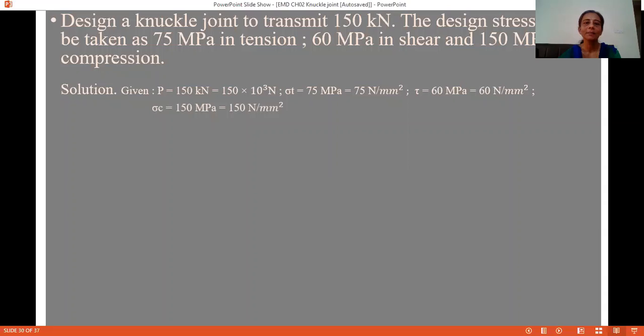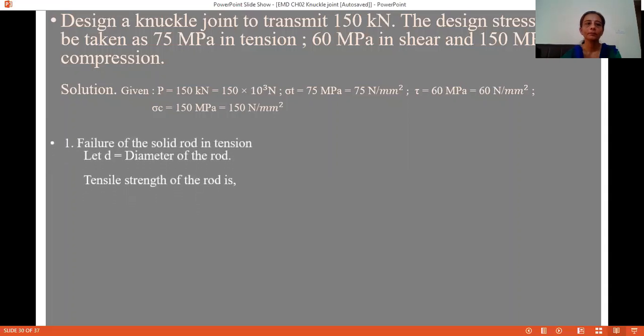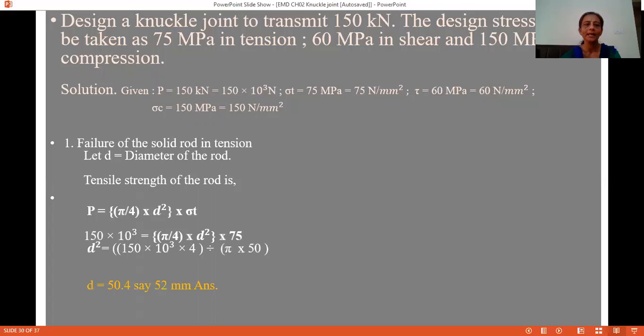As it is in megapascal, it is in Newton per mm square itself, and load will be taken as 150 into 10 raised to 3 Newton. First step is to find the diameter of rod, considering tensile failure of rod. As we know, the strength equation of the rod in tension, P is equal to pi by 4 d square into sigma t.